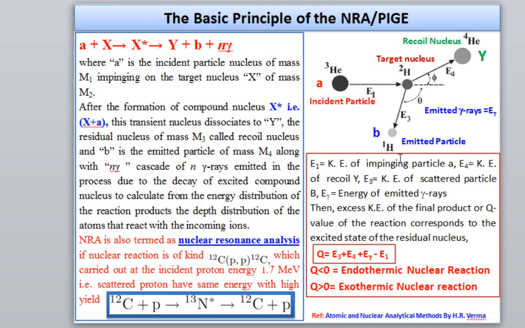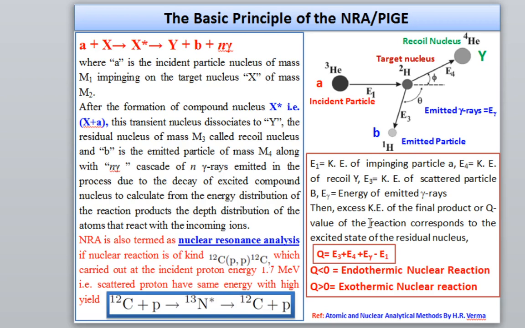So I have written the kinetic energies. If you find the total kinetic energy, during nuclear reactions some energy will be excess energy. This excess energy of the final products is always known as the Q value of the nuclear reaction, corresponding to the excited state of the residual nucleus.